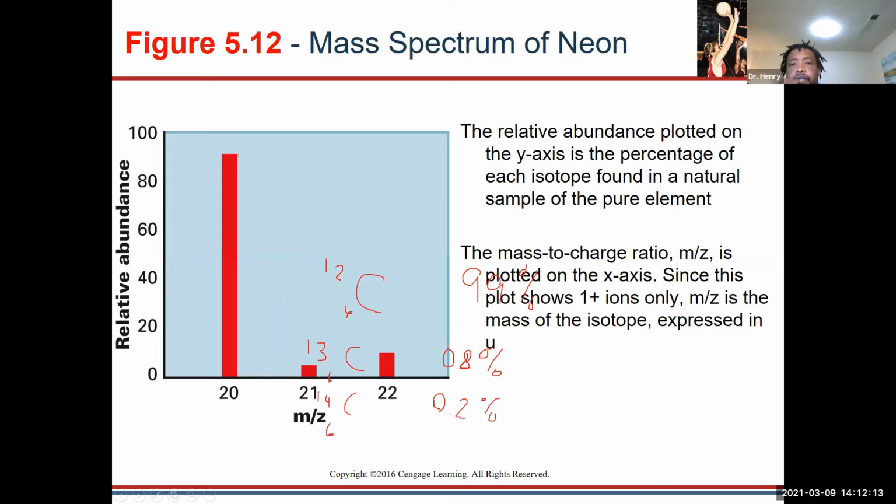Okay, so here's a more concrete, more accurate example. Here we have a mass spec of neon. A mass spec is able to identify isotopes, and so this lets us know the relative abundance. This one is about 90-ish, this is about 8, and this is about 2.